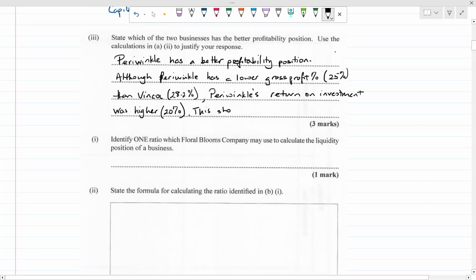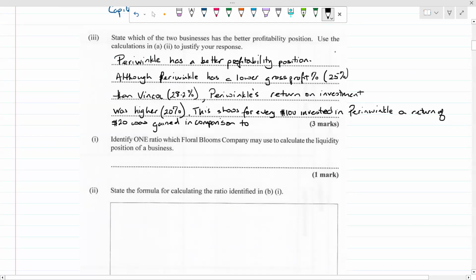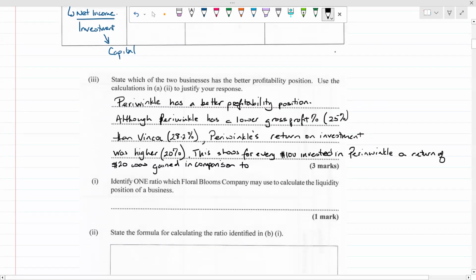This shows for every $100, because this percent is out of 100, invested in Periwinkle, a return of $20 was gained in comparison to $16.70 in Winkle.